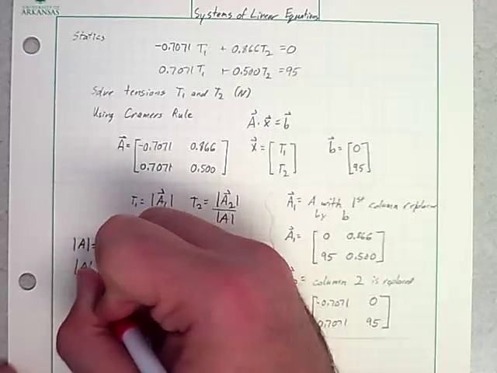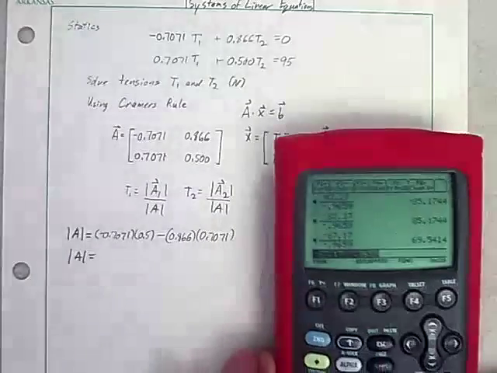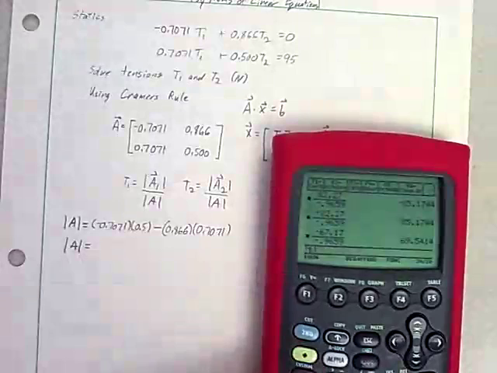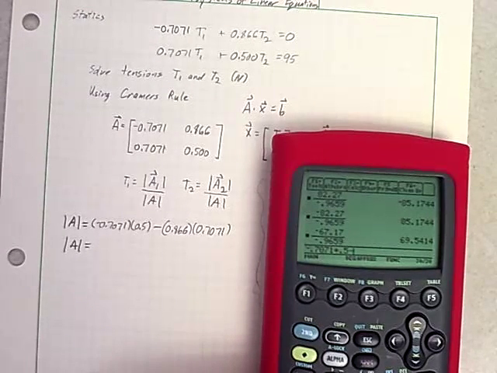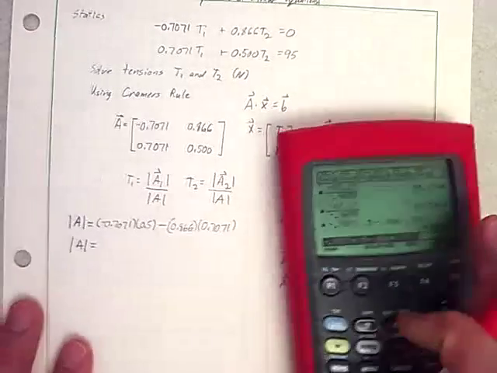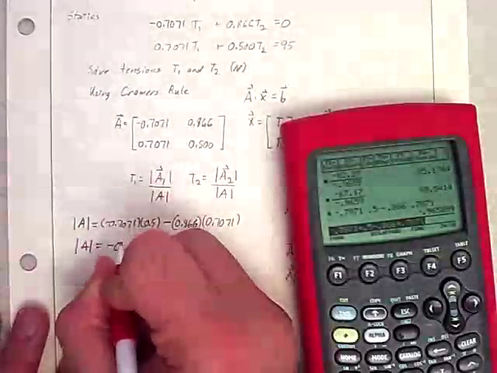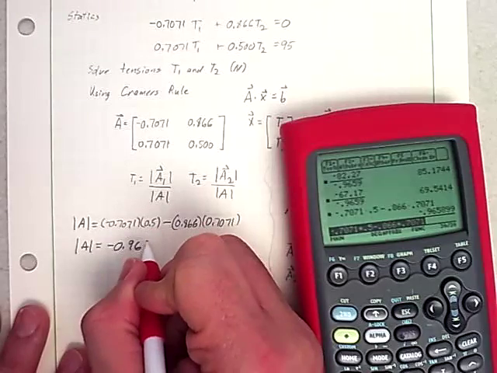So the determinant of A is negative 0.7071 times 0.5 minus 0.866 times 0.7071, negative 0.9659.